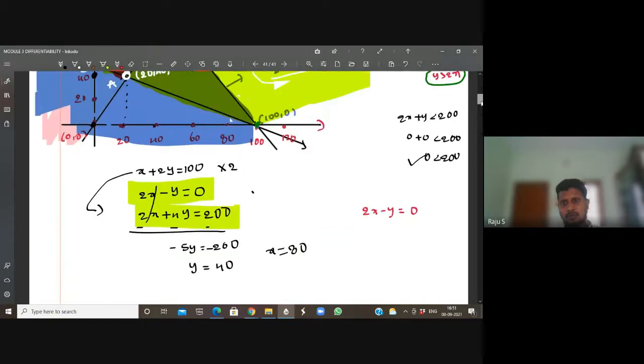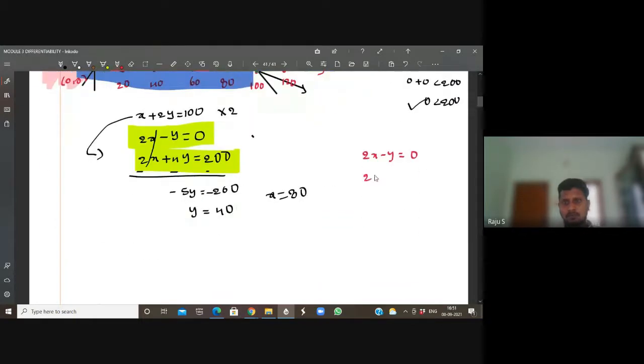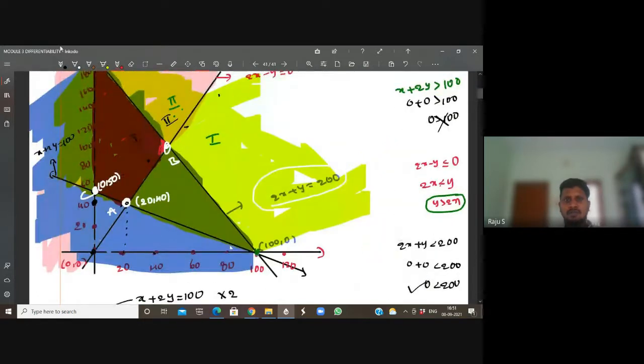When I solve this, 5y gets cancelled, 4x is equal to 200, and x is equal to 50. When x value is 50, what is the y value? 100. So 50 comma 100. The point B is 50 comma 100.